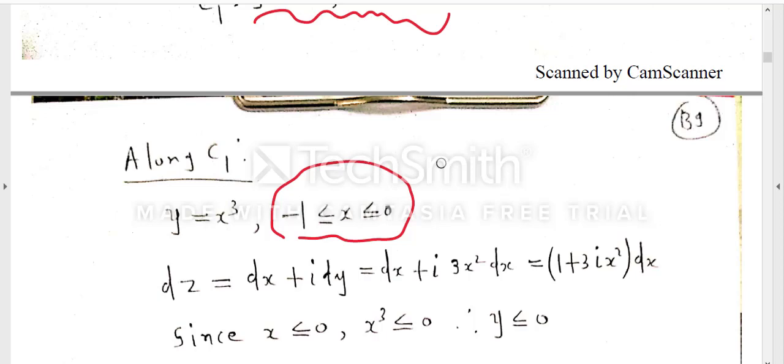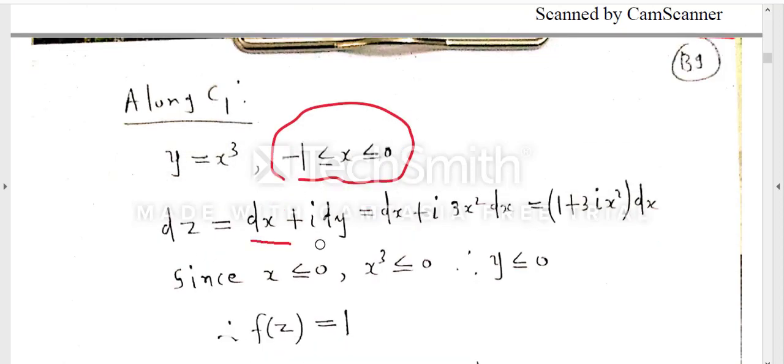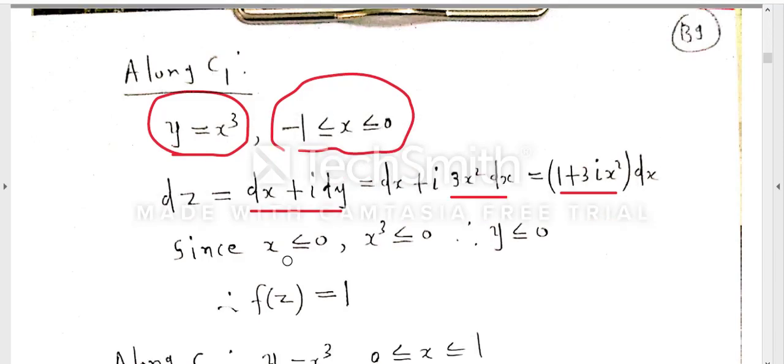Now if z is x plus iy, dz is dx plus i dy, and from this we obtain dy equal to 3x square dx. So this we can rewrite as 1 plus 3ix square dx. Now along C1 x is negative. So if x is negative, cube of x is also negative, and y equal to cube of x, so y is negative.